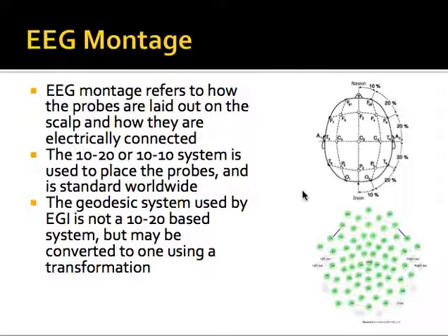The EEGi system in my lab uses a different kind of system. It uses a geodesic layout. It does that because the goal is to equalize the stress on each electrode so that they hold each other in place.